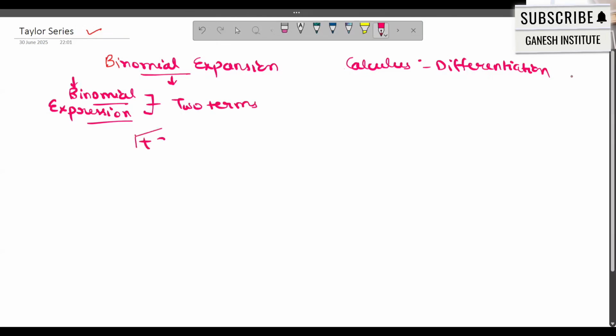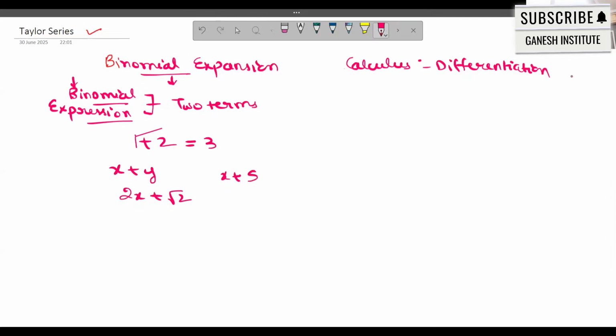I can't say 1 plus 2 because these are like terms and will result into one thing, so it is monomial only. For binomial, I need two different terms, maybe 2x plus root 2, x plus 5, unlike terms.